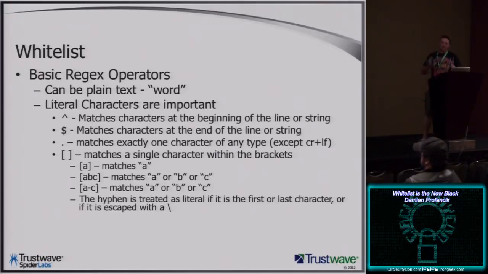So [ABC] means A, B, or C. A through C is also A, B, or C. A hyphen is treated as literal unless it shows up in between multiple characters. Otherwise, you need to put the slash to escape it, just like JavaScript.